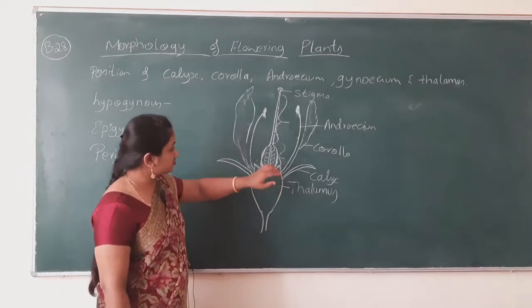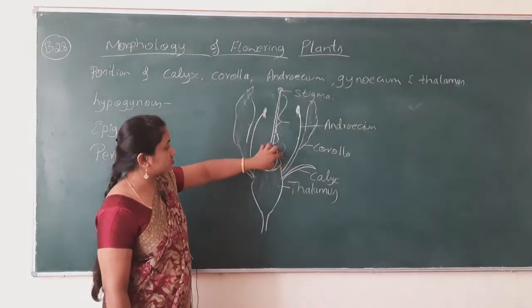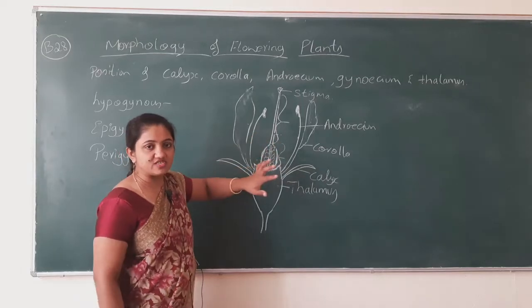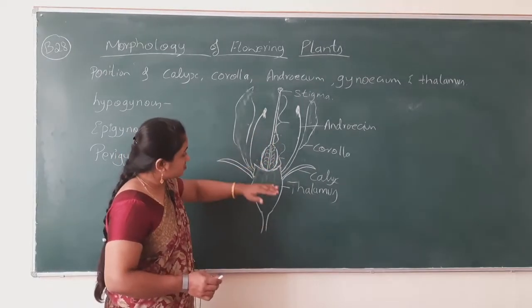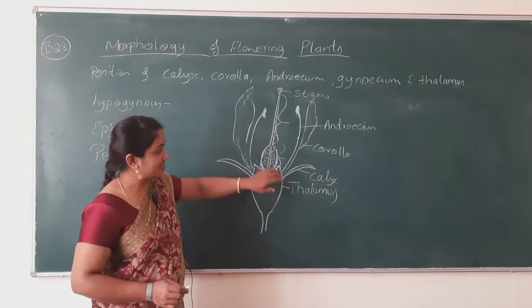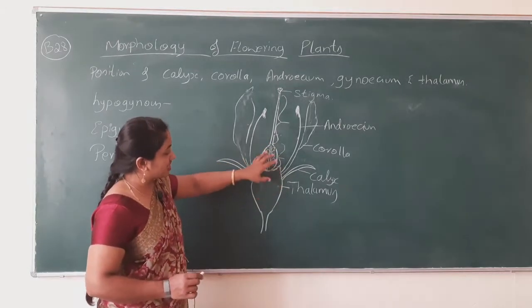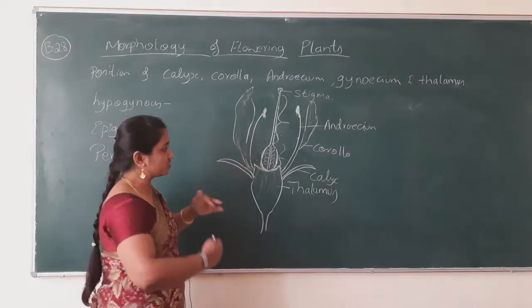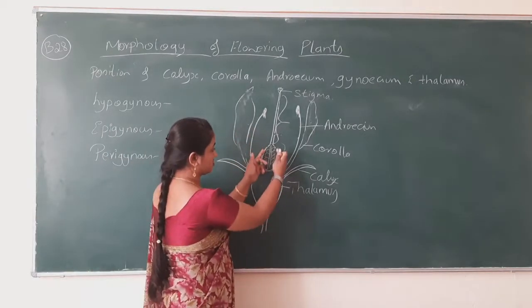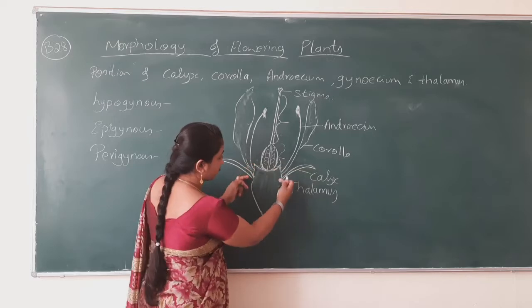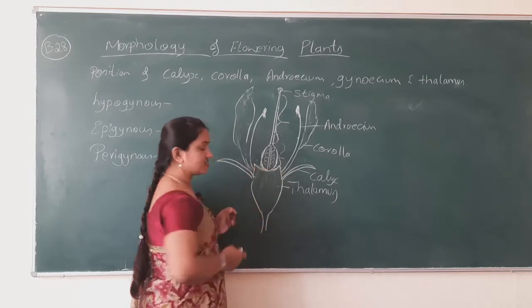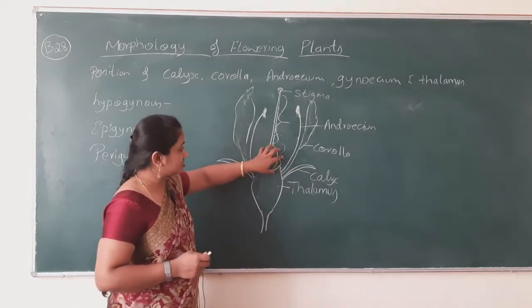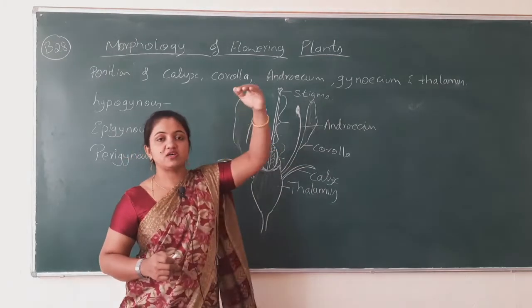Now look at the position of the ovary. This is the ovary which is located on the top of the thalamus, and all the other structures lie next to the ovary. Next to the ovary, all the other parts are present, and it has taken a superior position.